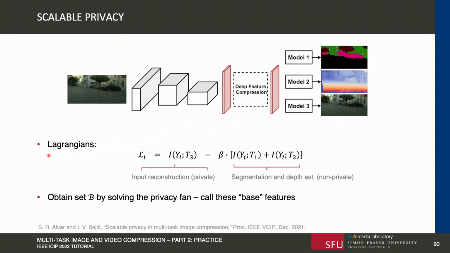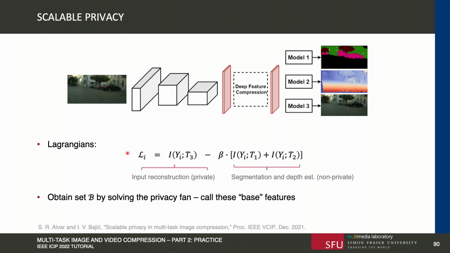So we can then formulate a Lagrangian for each of these features that need to be compressed as follows. The private task is the third task, input reconstruction. So the Lagrangian looks like the mutual information between the feature and the third task minus the sum of mutual informations related to non-private tasks, which would be task 1 and task 2 here.